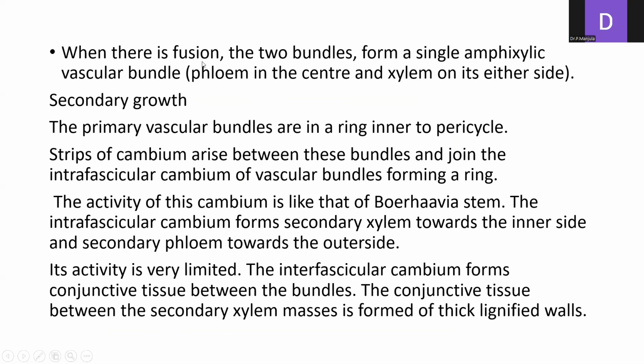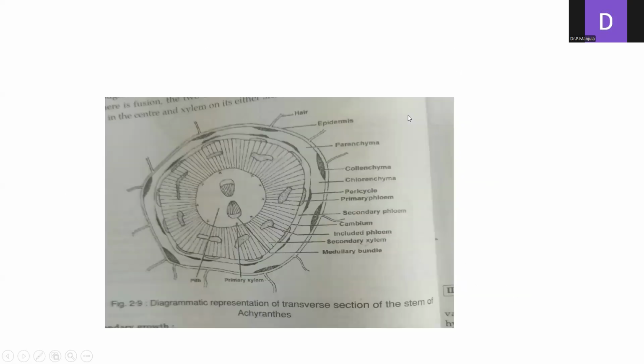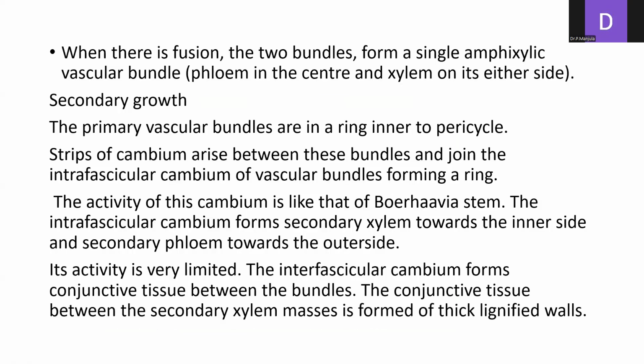So when there is a fusion, the two bundles form a single amphixylic vascular bundle, that is phloem in the center and xylem on either side. So here we discussed that. Generally these two vascular bundles are free, but when they are fused, the two bundles form a single amphixylic vascular bundle.